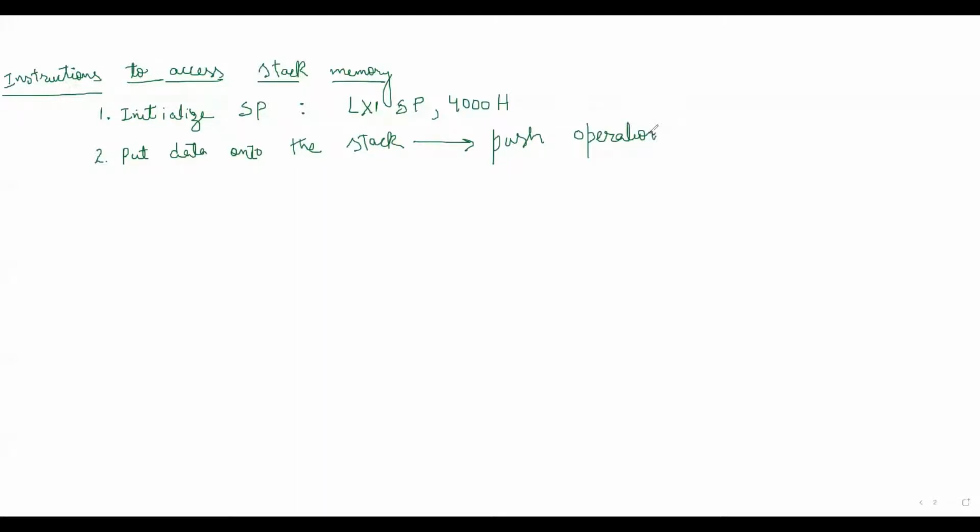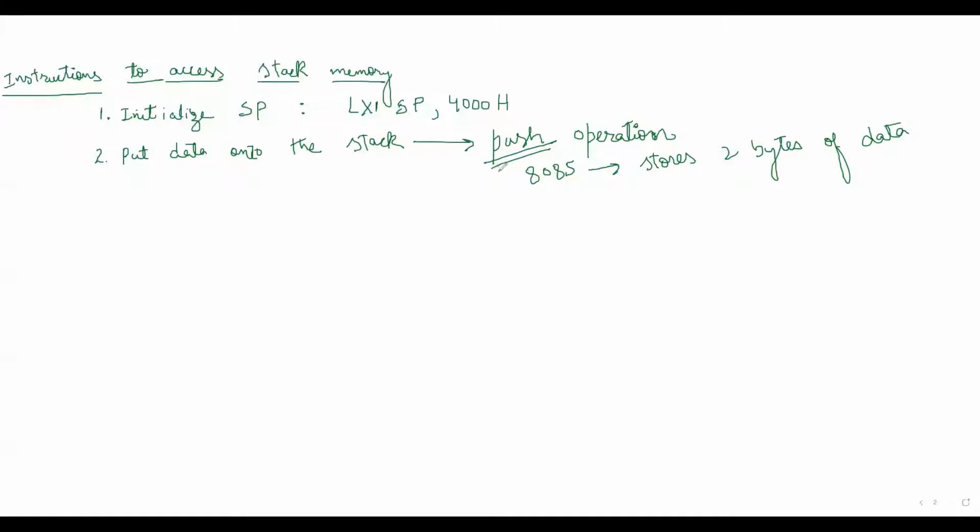In microprocessor 8085, the push operation always stores 2 bytes of data. You have to remember this; it is followed everywhere in the 8085.